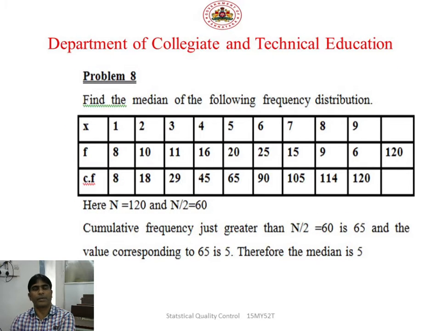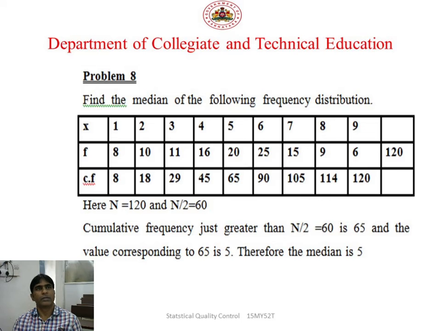We'll take an example and then we will get a clear idea of the median. Find the median of the following frequency distribution. Note down the problem. X is the midpoint of the classes of the frequency distribution: X is 1, 2, 3, 4, 5, 6, 7, 8, 9.